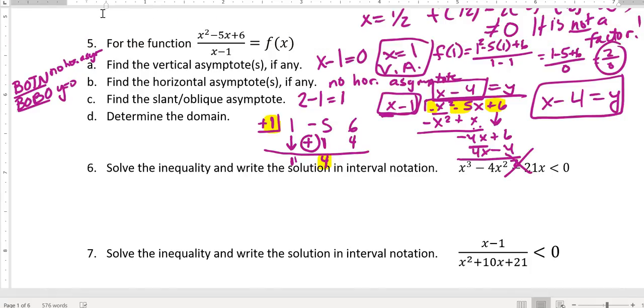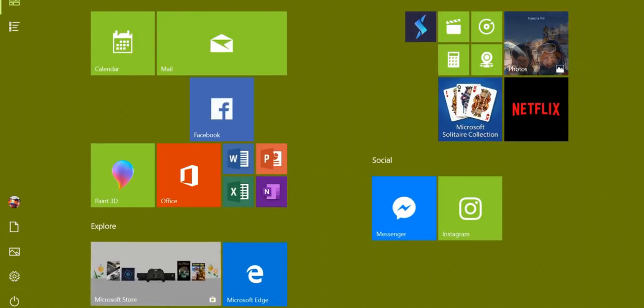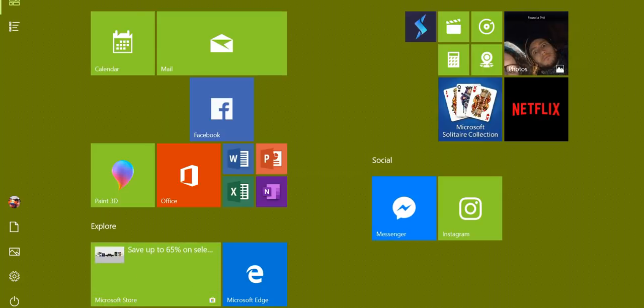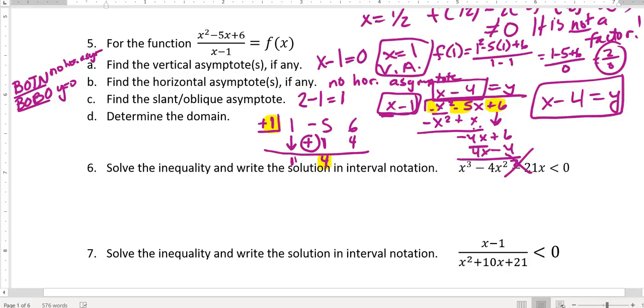Somehow I made a mistake here. Let's see what I made a mistake. See it here, so this should be a negative.